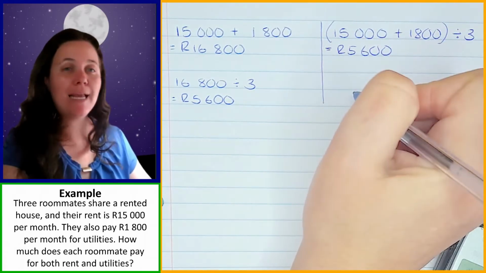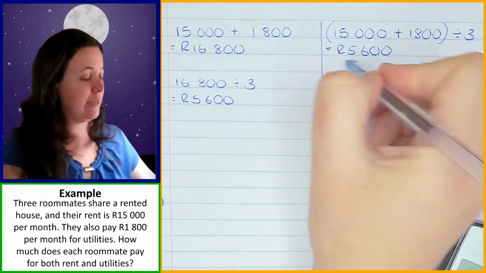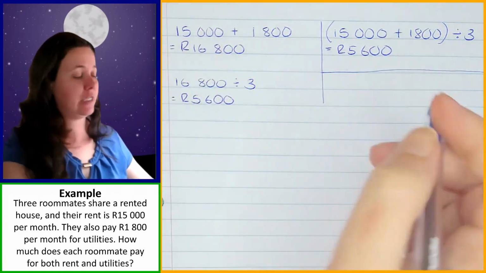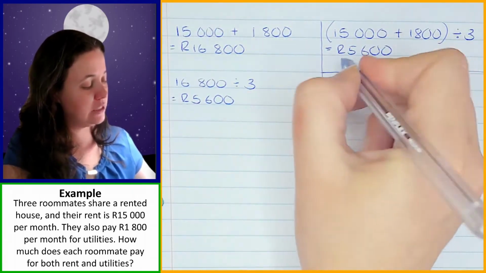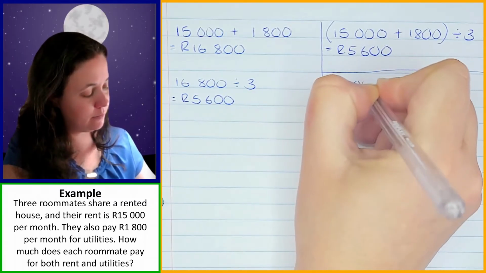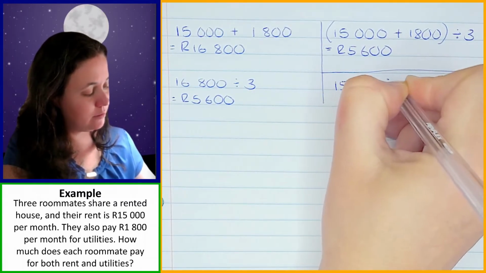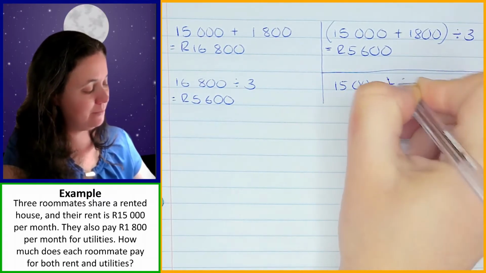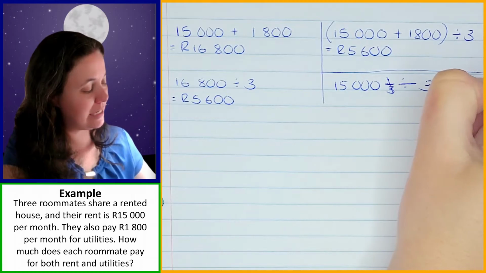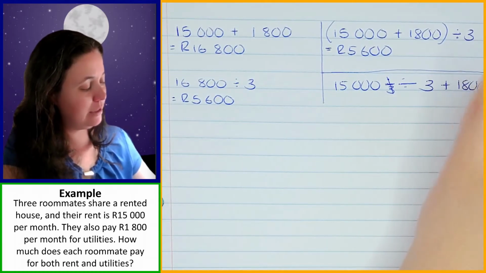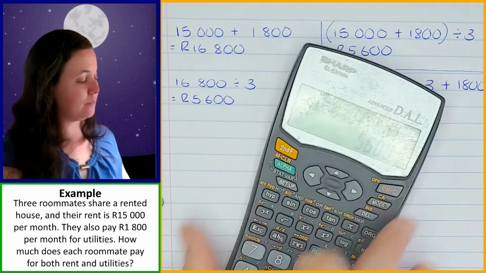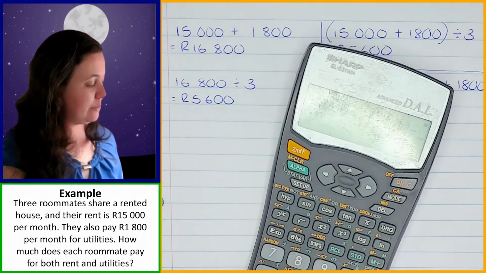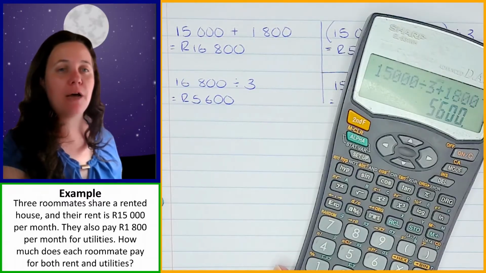So you can do it in one step. This is another way over here, also doing it in one step, but doing the parts separately. So if I say the 15,000 divided by 3 plus the 1,800 divided by 3, that will give me the same answer of 5,600.